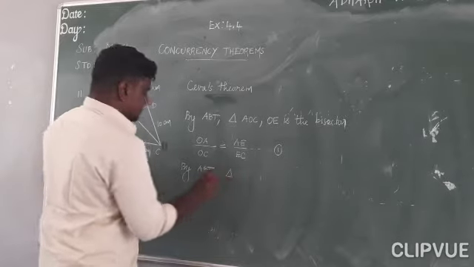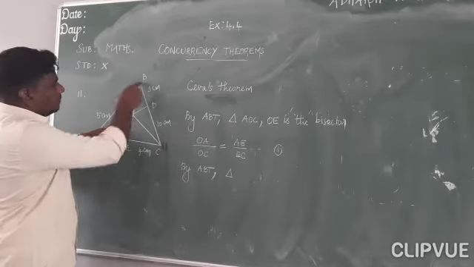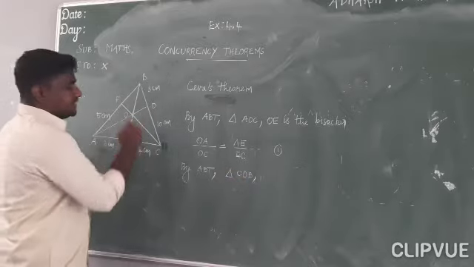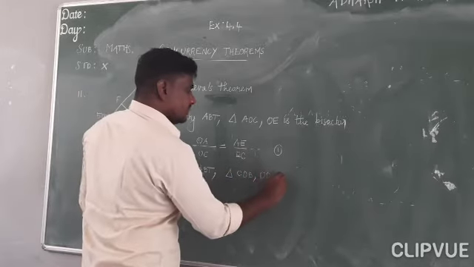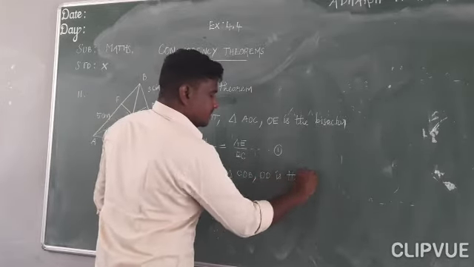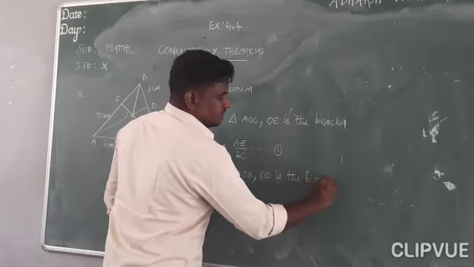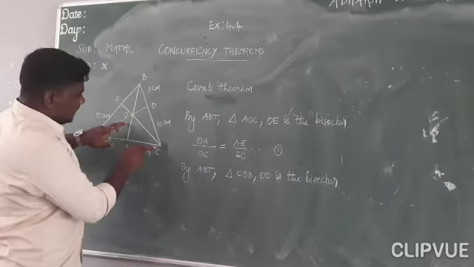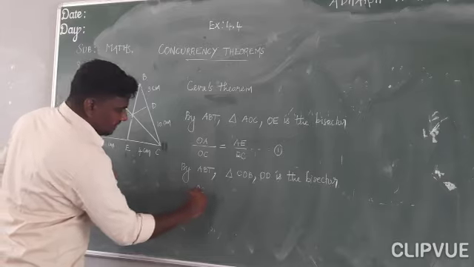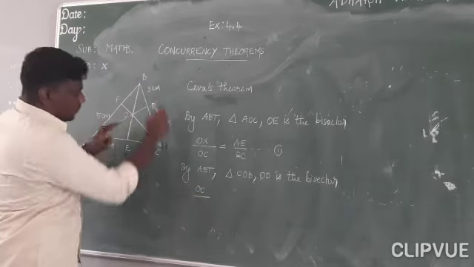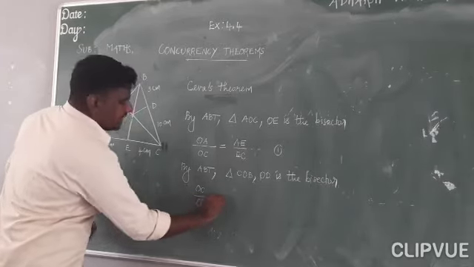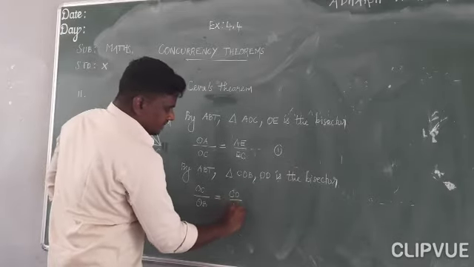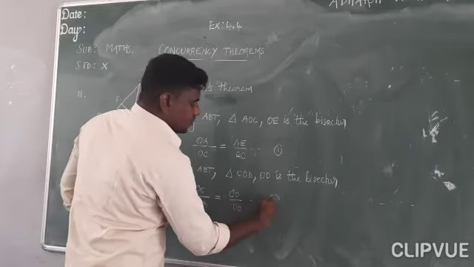Second, by ABT, triangle COB. Here OD is the bisector. By using the angle bisector theorem, it can be written as OC by OB equal to CD by DB. This is 2.